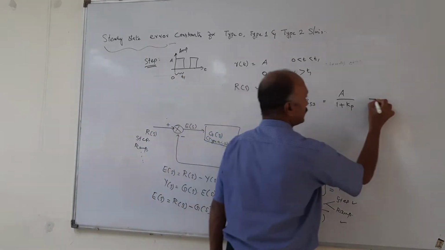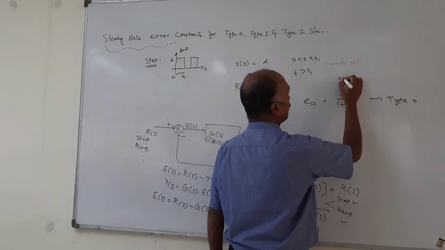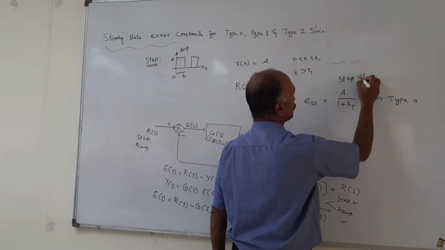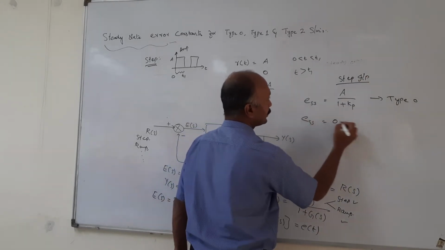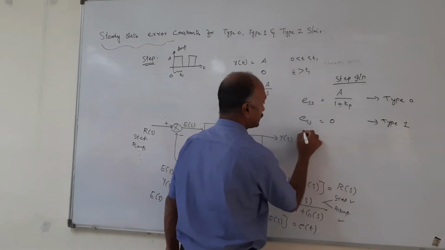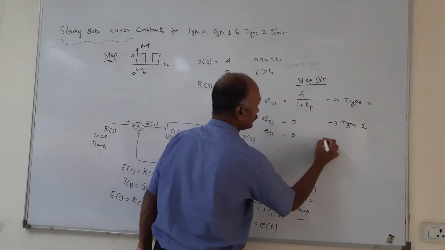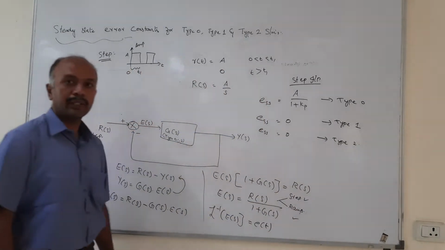This is for a type 0 system and a step input. Similarly, your ESS will be 0 for a type 1 system and similarly your ESS will be 0 for a type 2 system. What does this mean?